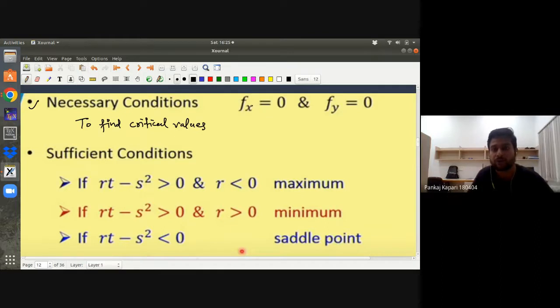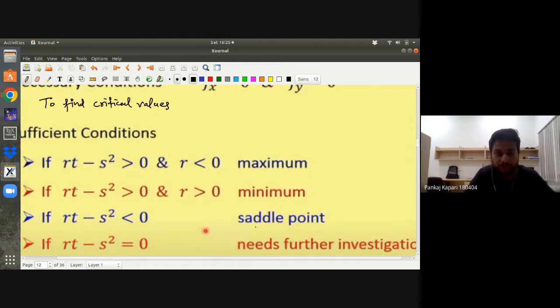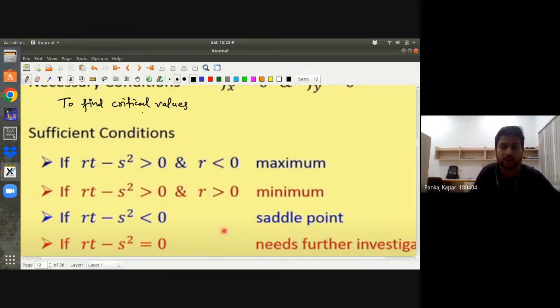Compute the first partial derivatives with respect to x and y, put them equal to 0, and get those critical points. Now, at those critical points, we compute some quantities. Let me tell you what R, S, and T are. Assume that (a, b) is a critical point.